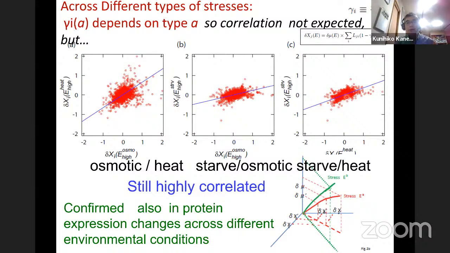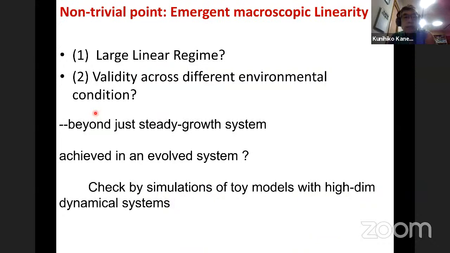And actually there are 4,000 points here. There is more deviation here, but most points are here. So the mystery here is that there is a large linear regime and validity across different environmental conditions.